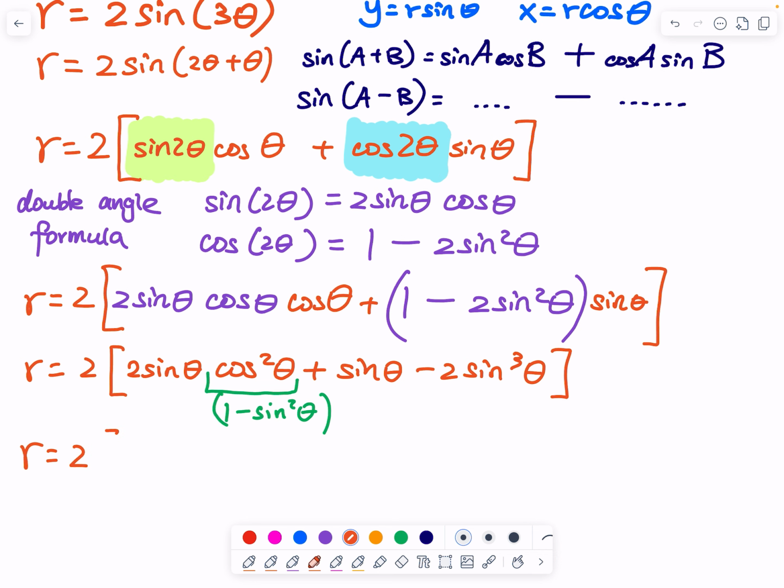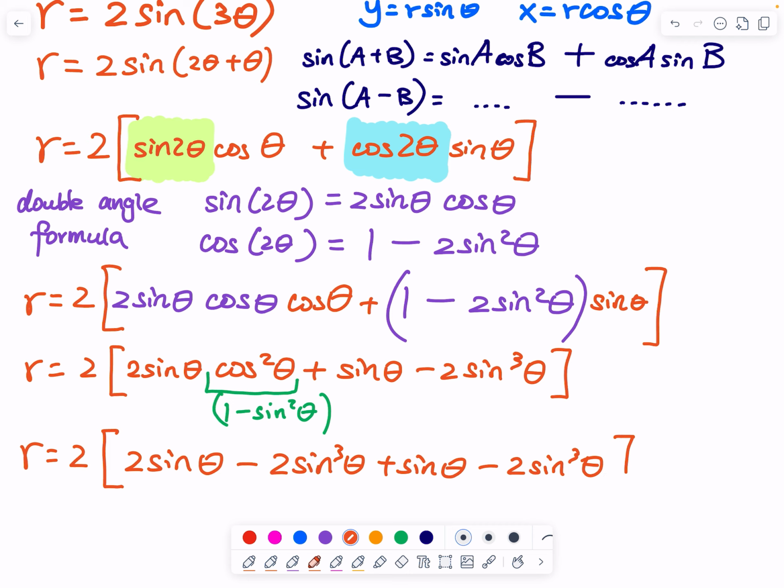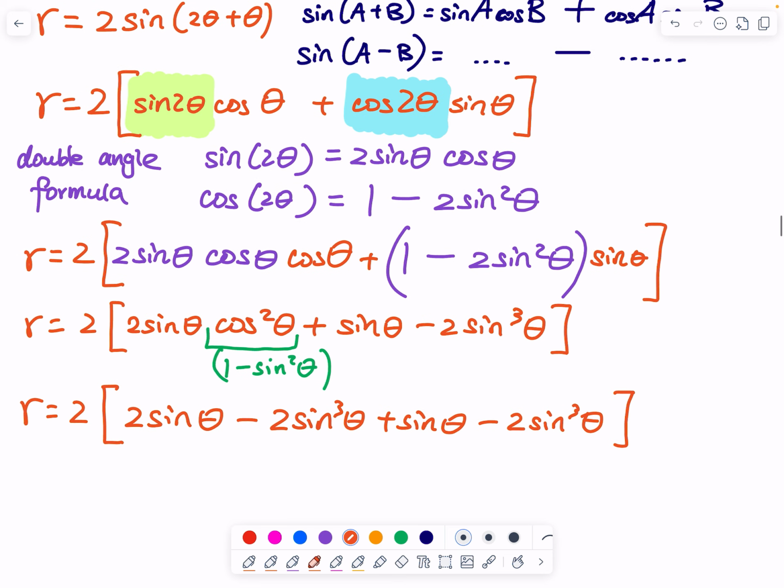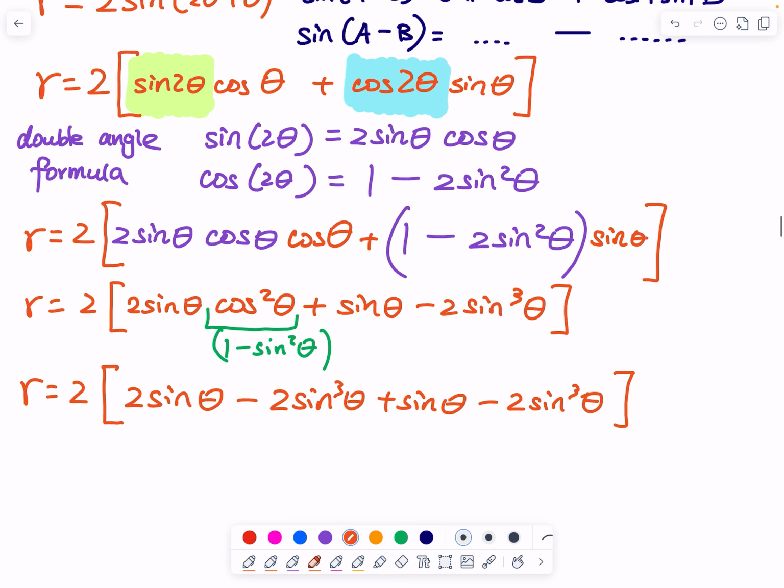Then r equals 2, and then I have 2 sine times 1, and then 2 sine times sine squared. That will be a 2 sine to the 3rd, and then plus sine minus 2 sine to the 3rd. Okay, then I have a sine to the 3rd minus 2, that becomes a minus 4, and then I can add the sine as well.